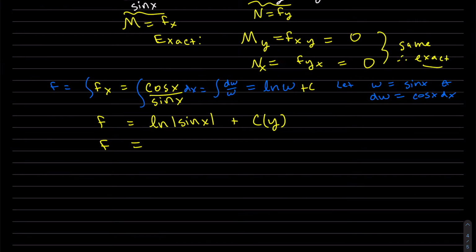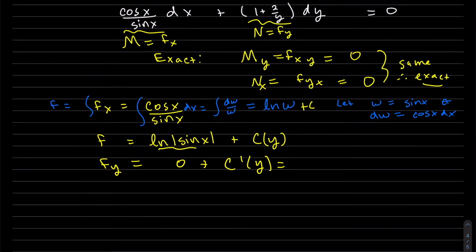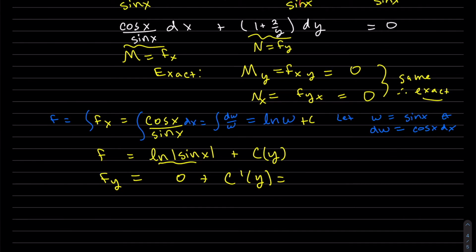Derivative. So f of y, I'm taking the derivative in terms of y, but there is no y, so that's 0 plus c prime of y, which is equal to, what is f of y equal to? This is my new f of y.